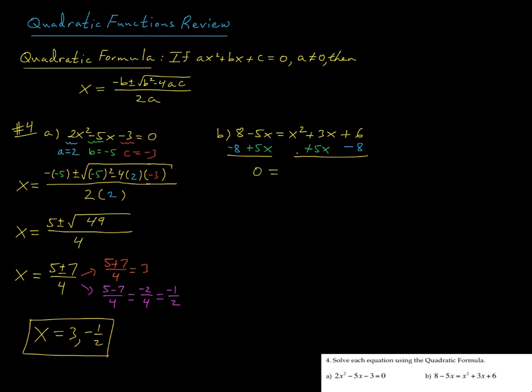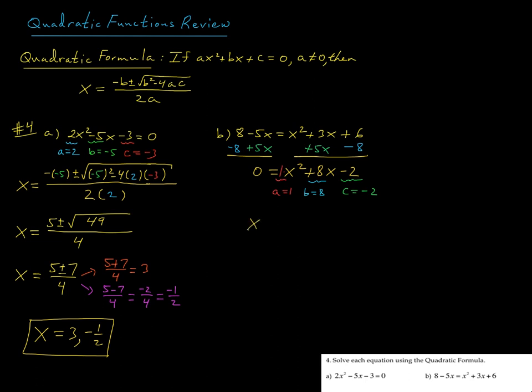So I have 0 on the left, and then I have x squared, and that's an 8x, and then this is a minus 2. All right, so x squared plus 8x minus 2 is equal to 0. So here our a value, well, this is 1x squared, so a is 1. Our b value is 8, and our c value is negative 2.